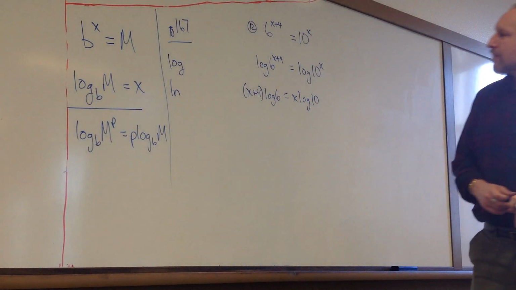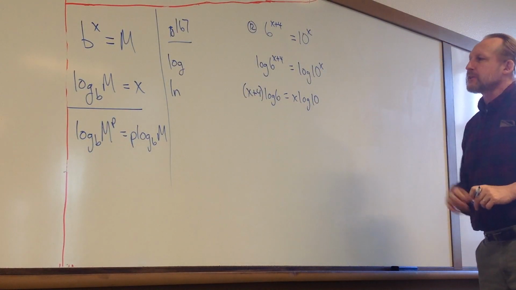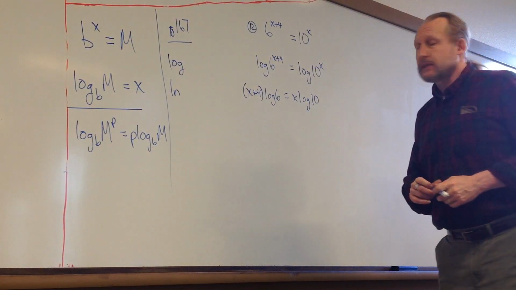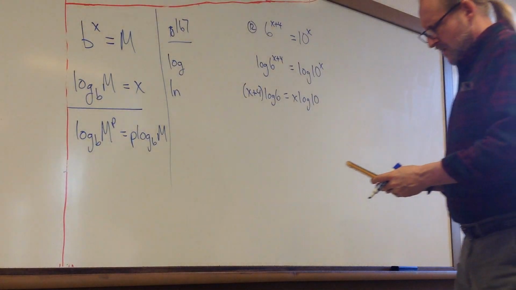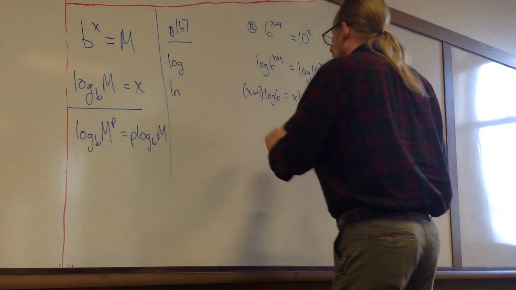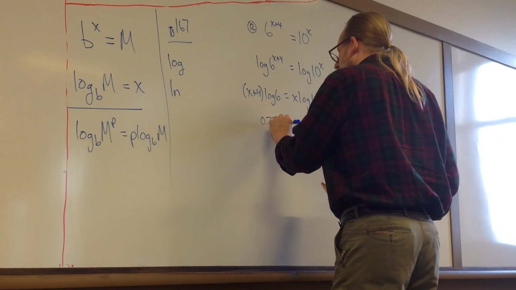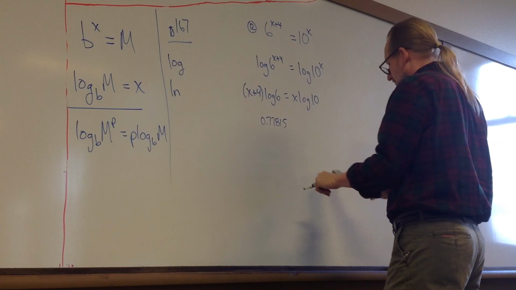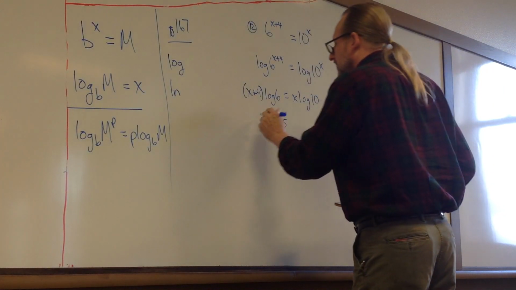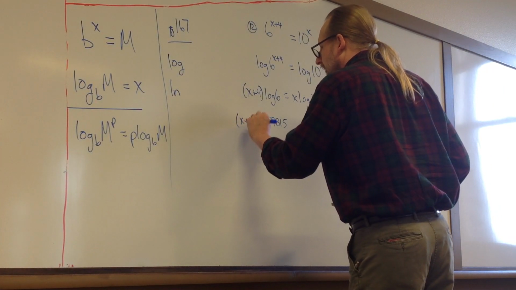Now, we'll do this by approximation first. So let's get a good approximation for log of 6. 0.77815. And notice I held on to that 5 because I didn't want to round up. It would be significantly less accurate if I did that.